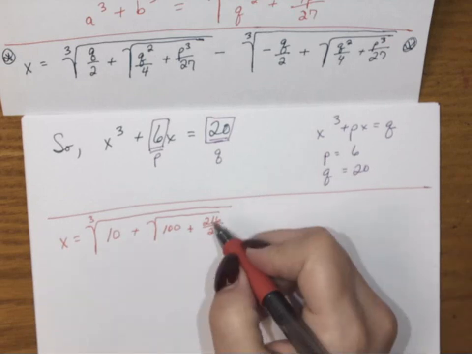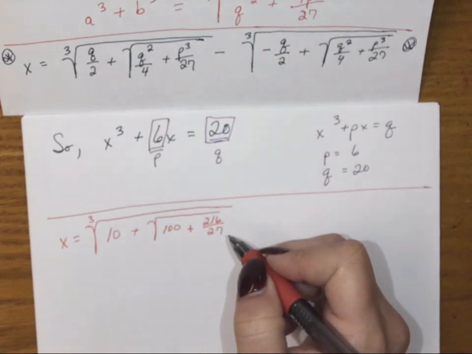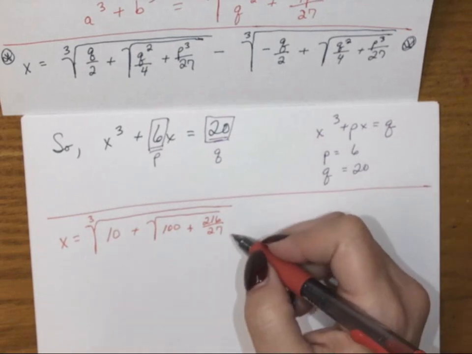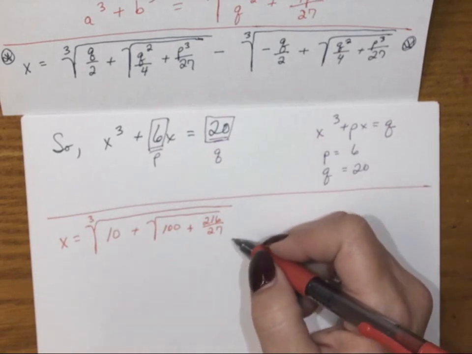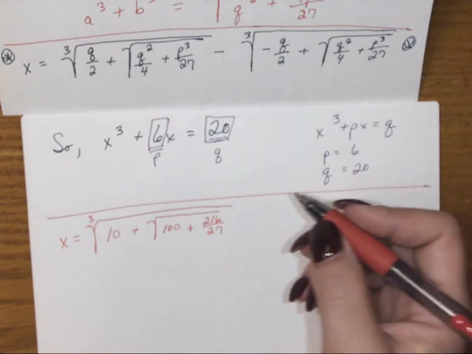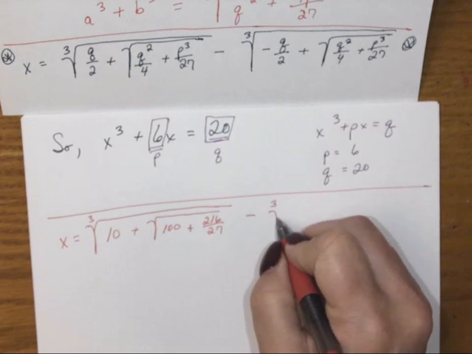Oh, that's probably not it. I'm sorry, guys. No, it's 216. Okay. 216 over 27. All right. Oh, I know what I'm doing wrong. In my head, I'm doing some math wrong. I should just not do that. It's all right. Stick with the notes, dude.